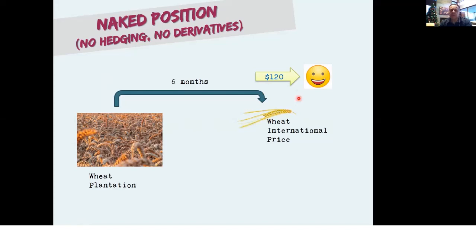Of course that will make you happy because you own the wheat. And if the price happens to be low at the time of the harvest, for example 80, that will make you sad. Again, that's because you own the wheat and you took no hedging, no fixed position on the price. So you will be subject to the international price swings.